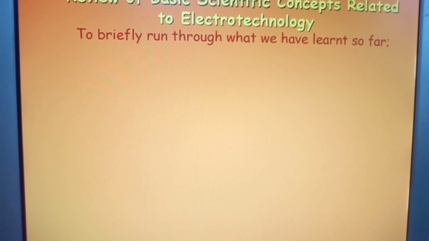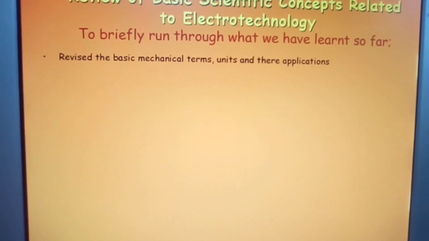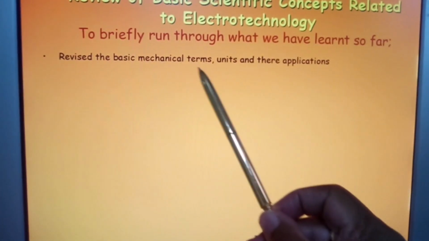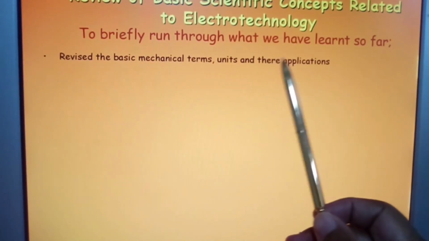Okay, remember, the knowledge and the technology and the mathematical concepts remain the same, but the principles of how it is applied may well change. Okay, revise the basic mechanical terms, units, and their applications.